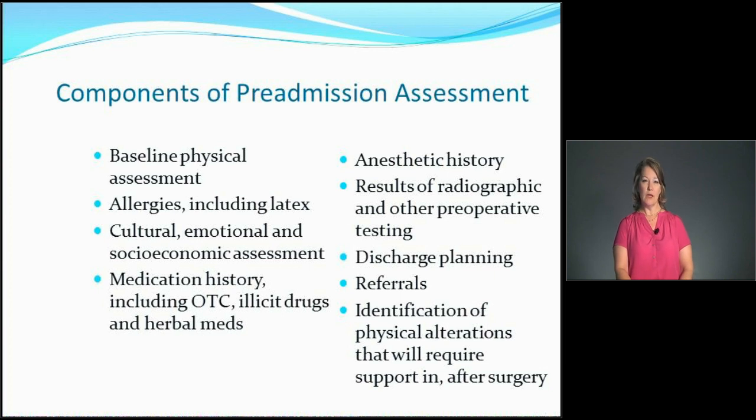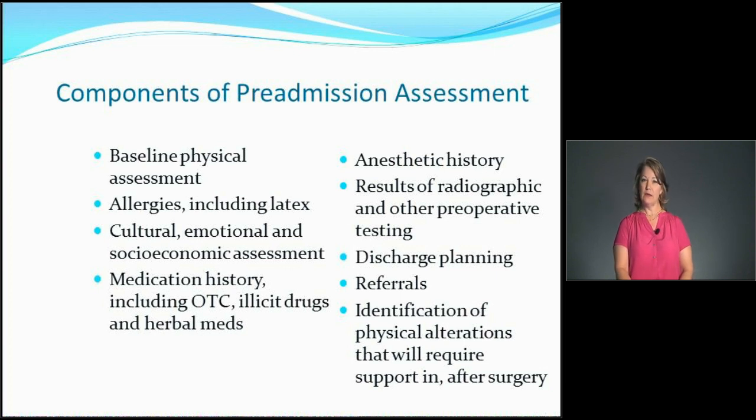You also want to look at their medication history, and that includes any over-the-counters like herbals, dietary supplements, any illicit drug use, including alcohol abuse or alcohol use. Their anesthetic history, including any local that they've had, perhaps like at a dentist office, or if they've gone to a dermatology clinic, or even if they've had moderate sedation, perhaps if they've had an endoscopy procedure before and they've received moderate sedation.